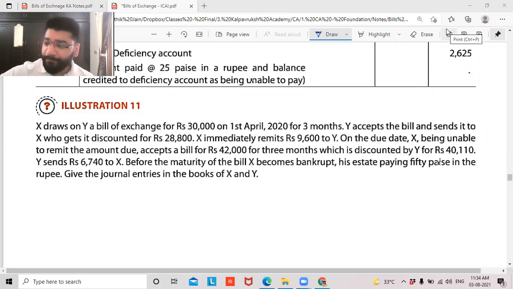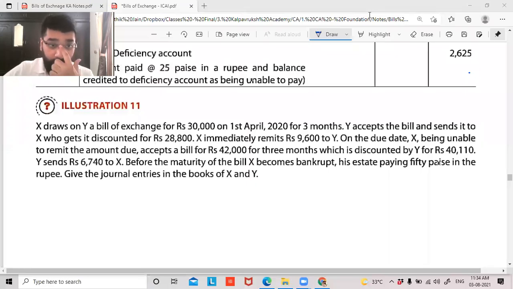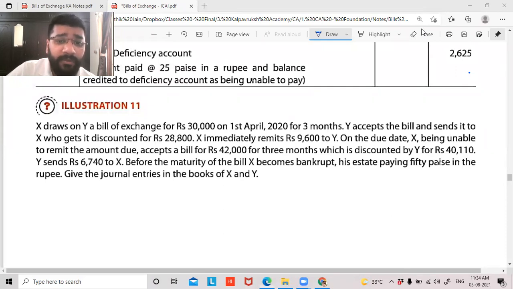Guys, it says that X draws on Y a bill of exchange for 30,000 rupees on 1st April 2020 for 3 months. So guys, we'll do a diagram.